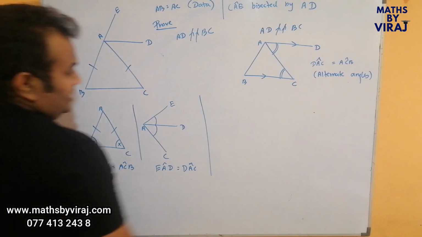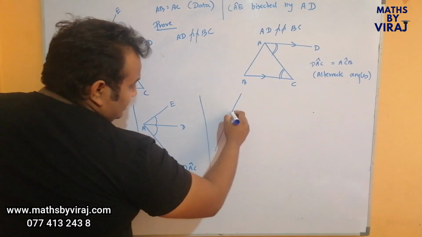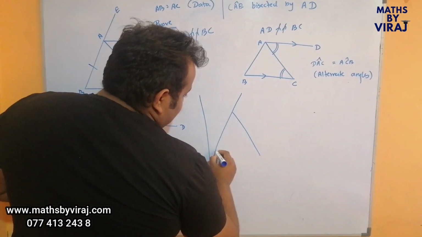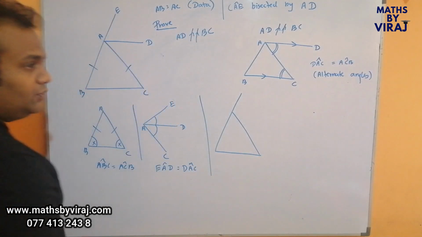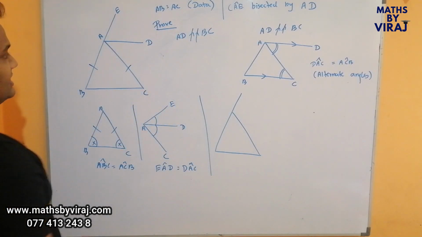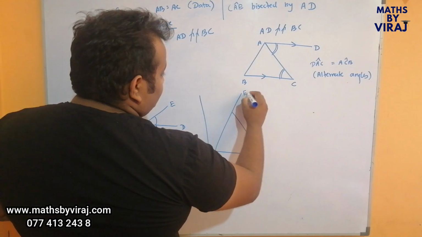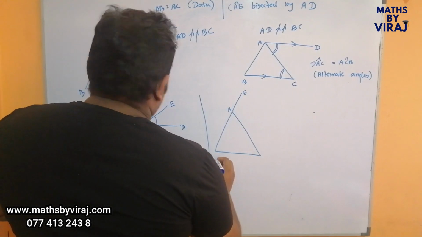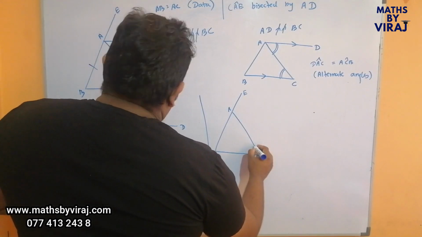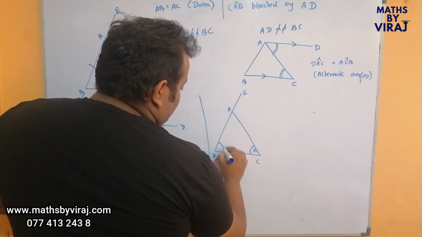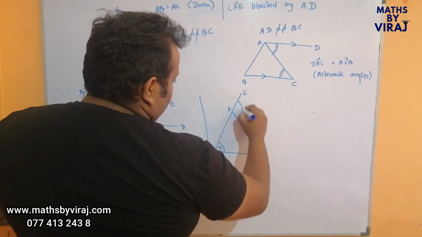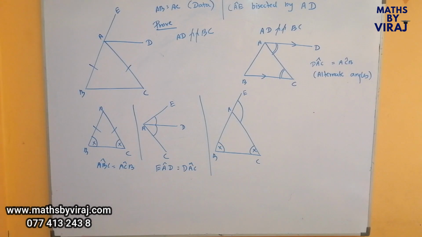Children, if you all can recall the theory of exterior angle is equal to addition of the two interior opposite angles, I can say that addition of these two angles are equal to this particular angle.